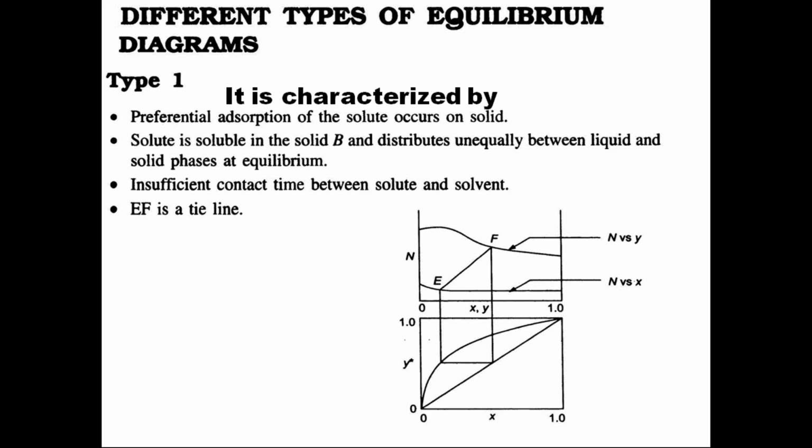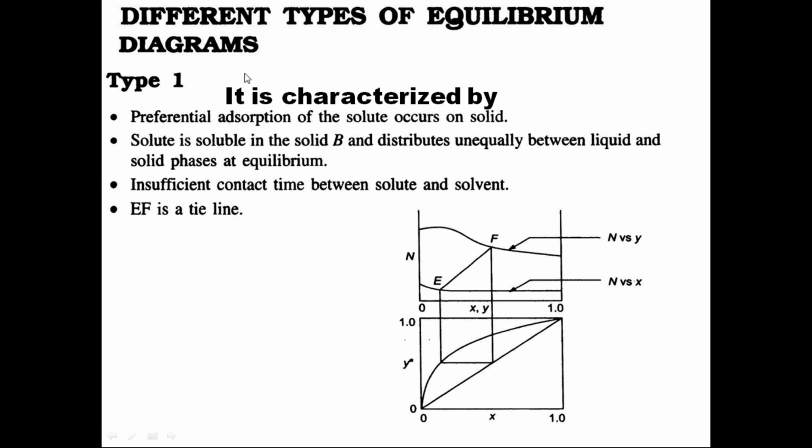They will get adhered to the solid surface, inert solid surface. Therefore, in the slurry, the concentration of the edible oil increases, whereas in the liquid hexane, the edible oil concentration will be less. So that makes this type of equilibrium diagram.